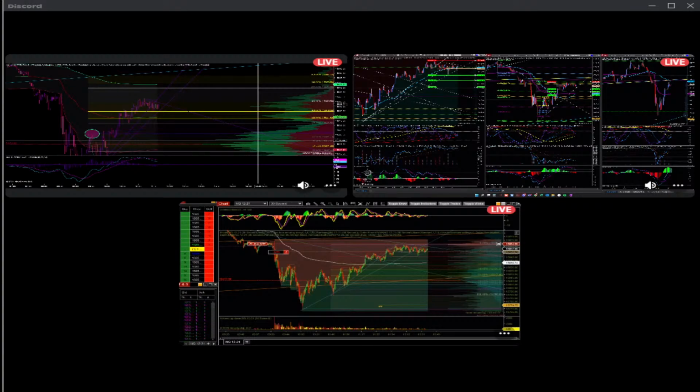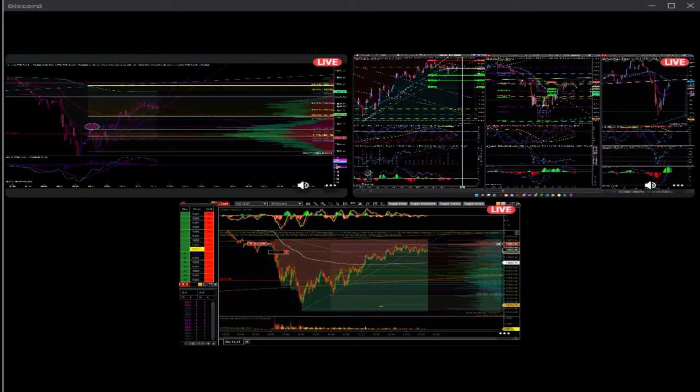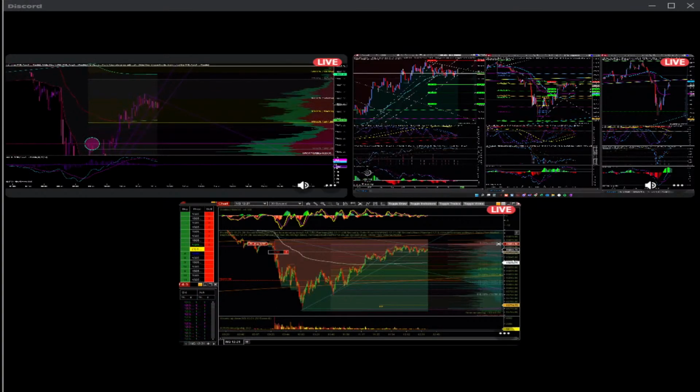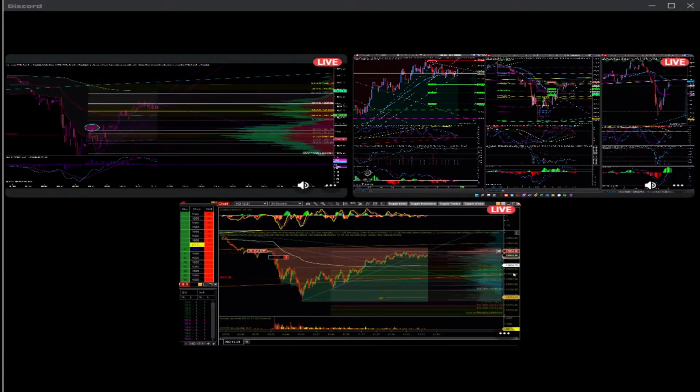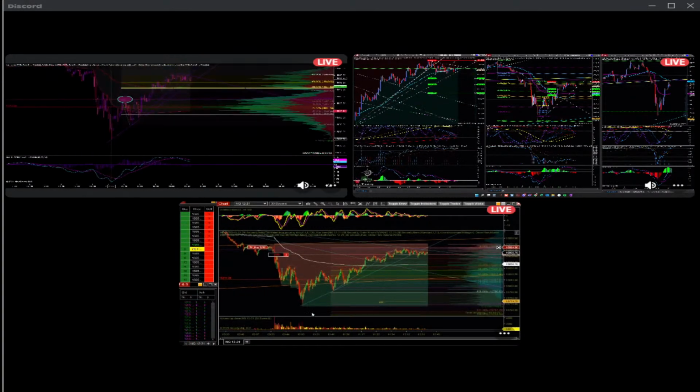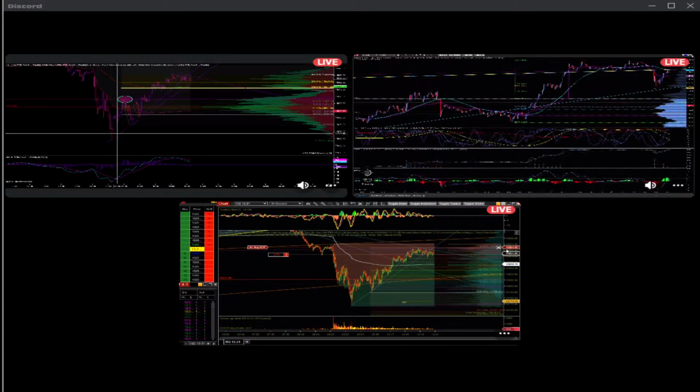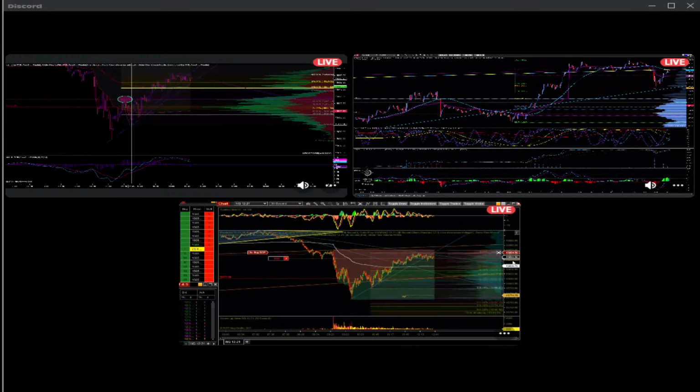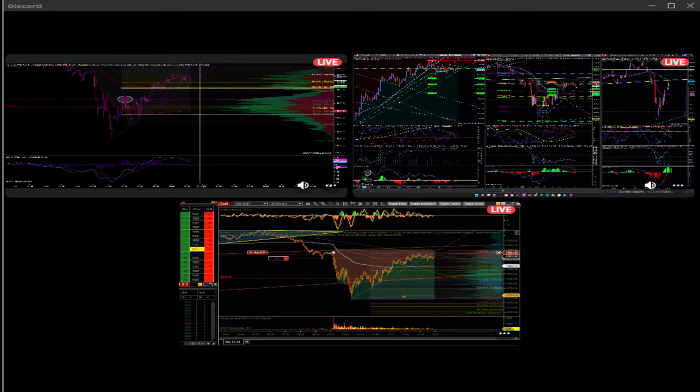Feeling a little squirmish about this as a short right now. I'd be a lot happier if I was long, following the trend. Well, it's not wanting to break this trend line for whatever reason. It keeps looking like it's supposed to, and then it just doesn't. Keep in mind, it has one more trend line. Go back about 30 minutes after open, that wick, and then 45 minutes after that, that wick.